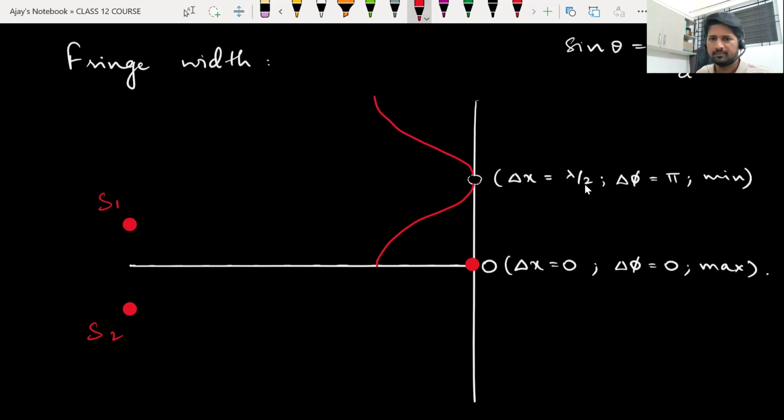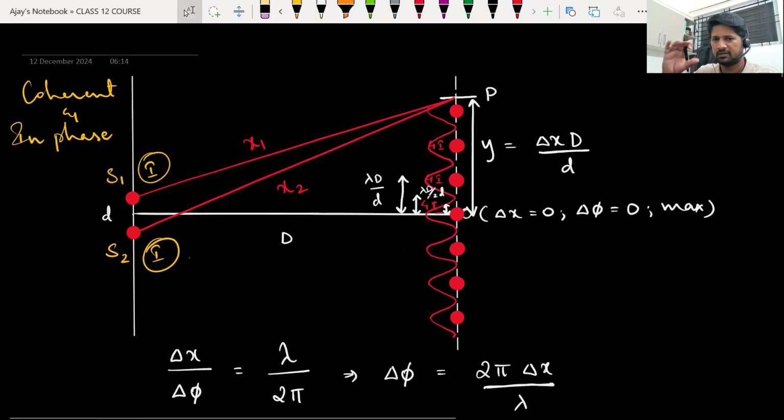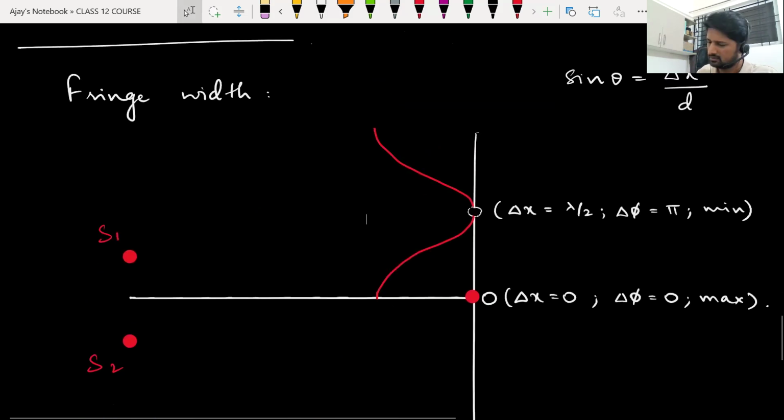That is what we had drawn earlier also. Earlier, the maxima and minima were drawn very close, so you could see many. Here I'm showing you only one or two. You get another very bright spot here on the screen, and the same thing you will see on the lower side of O also, not just on the upper side.